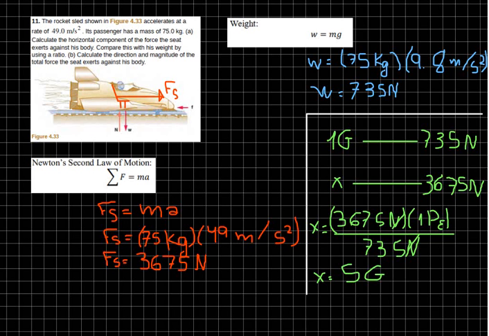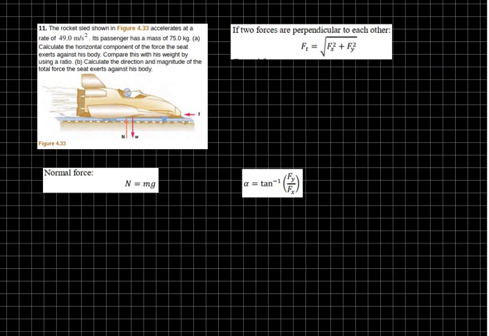Now we had to do something different in part B, because in part B we had to calculate the direction and magnitude of the total force the seat exerts against his body. There are two forces acting on his body. In part A we saw that we have the force of the back of the chair.